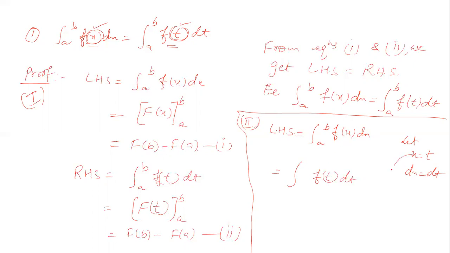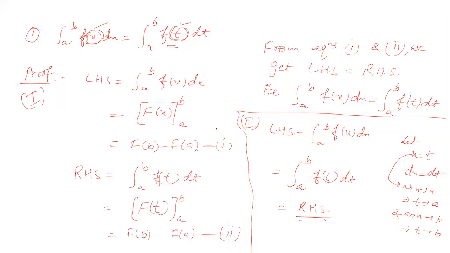And on changing the limit, as x tends to a implies t tends to a again, and as x tends to b implies t tends to b. The limit will remain the same. That is equal to RHS. In both ways we can do it.